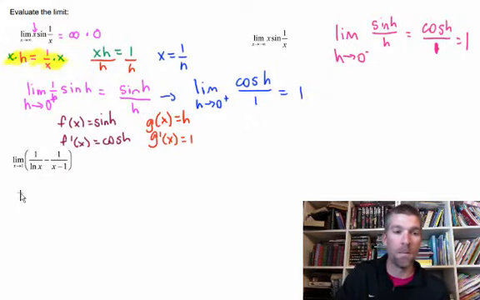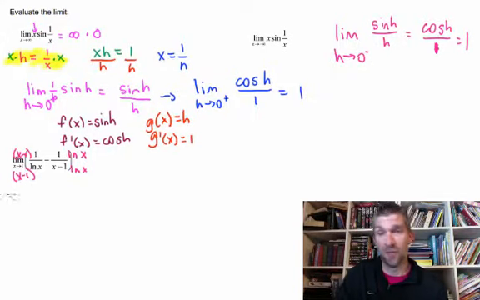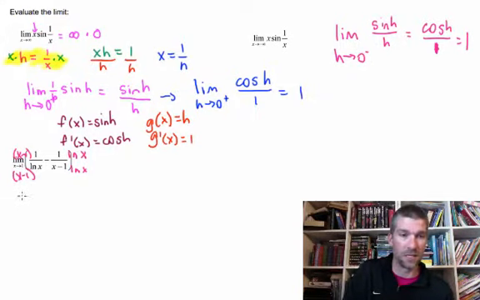What we're going to do is combine the fractions by multiplying the top and bottom of this fraction by the natural log of x, and the top and bottom of this fraction by x minus 1. This is no different than things you've done in the past when you've had to solve for x's. We're just putting these fractions together.